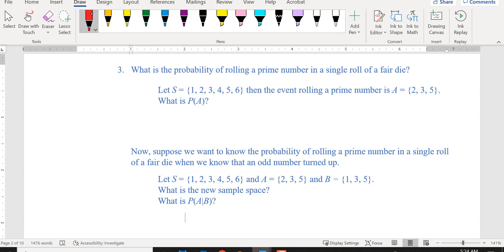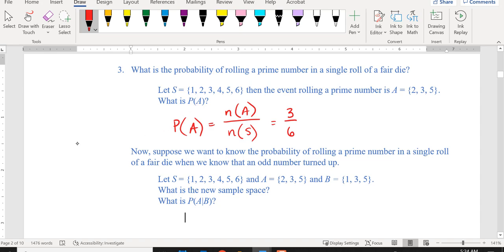So we're asking, what is the probability of event A? So the probability of event A is equal to the number of outcomes in A over the number of outcomes in the sample space, which is 3 out of 6. So the probability of event A is 3/6. You can write that as 1/2 if you want to.